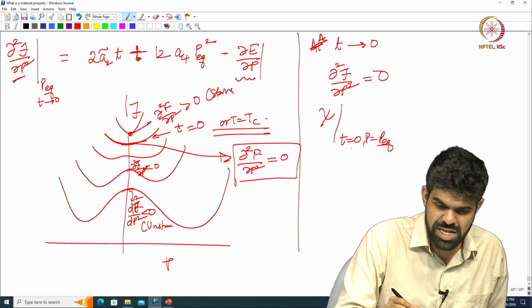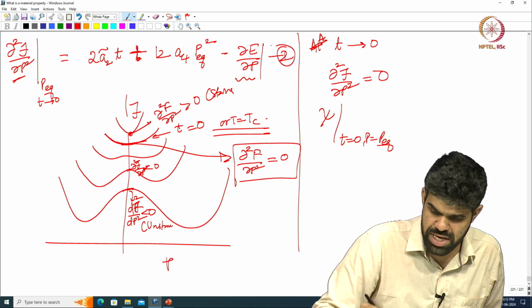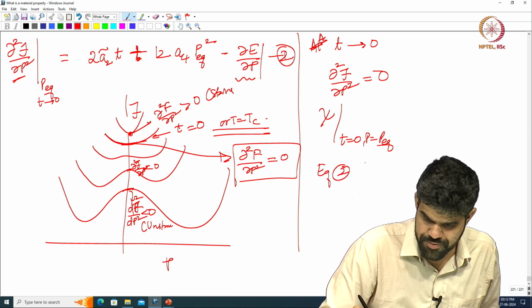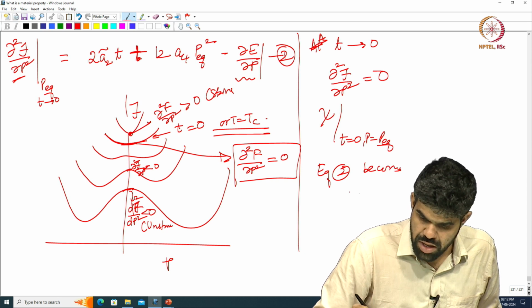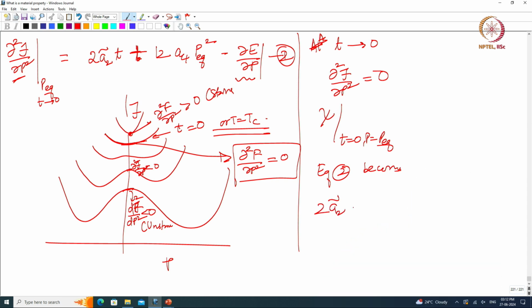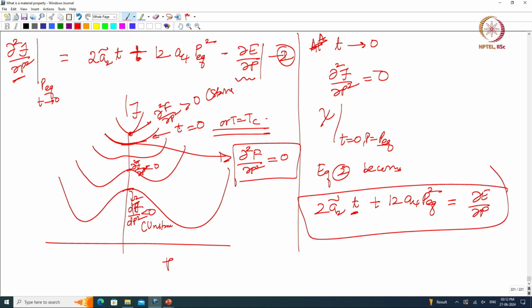So, then this equation, let us say equation 2, becomes 2 A2 T, which is a small number going towards 0, plus 12 A4 P equilibrium squared, minus dou E by dou P, is equal to dou 2 F by dou P squared, which is very close to 0, as T goes to 0, and this is at P equal to P equilibrium, okay.